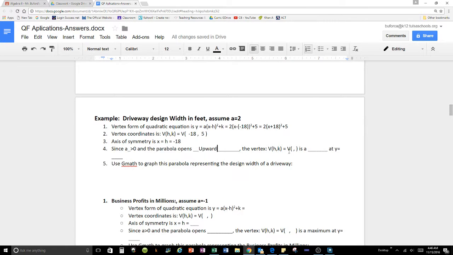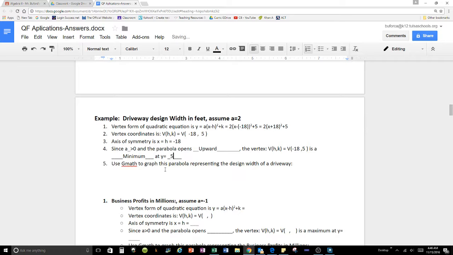And the vertex HK, you know HK is minus 18, 5, is a minimum at y equals 5.